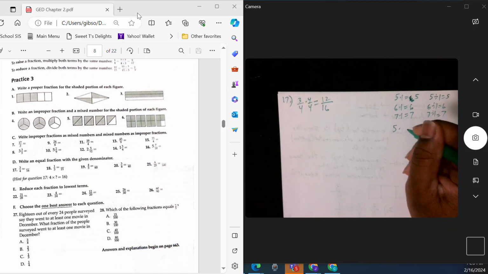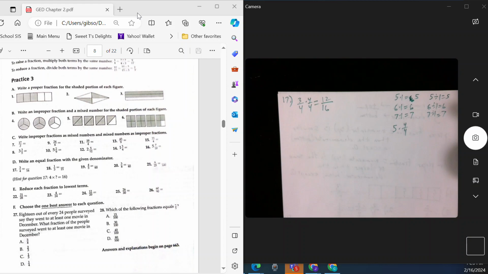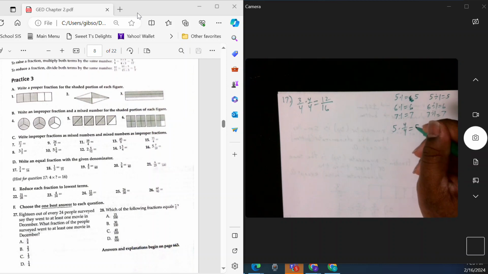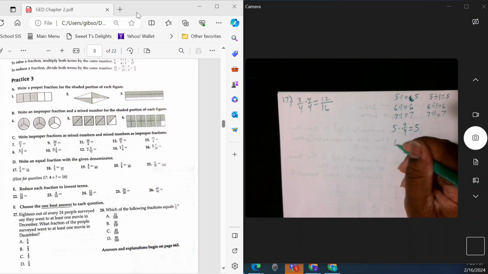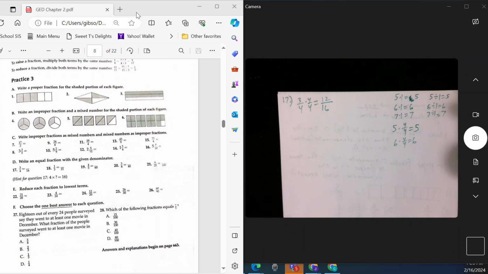Now, with that in mind, since we notice that this doesn't change, watch what happens here. If I did 5 times 4/4, isn't 4/4 1? So that means that 5 times 4/4 is really just 5. 6 times 4/4 is really just 6. And 7 times, let me try another number, 3/3 is really just 7.